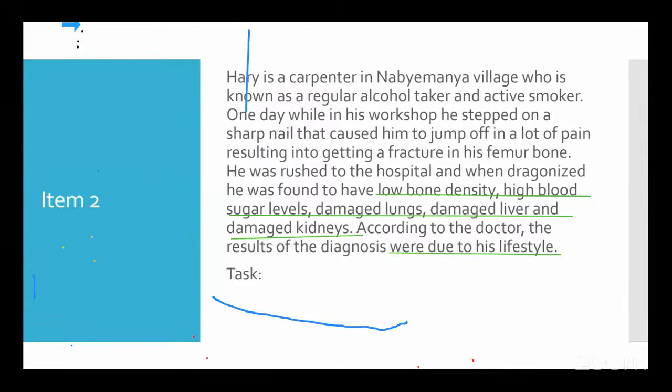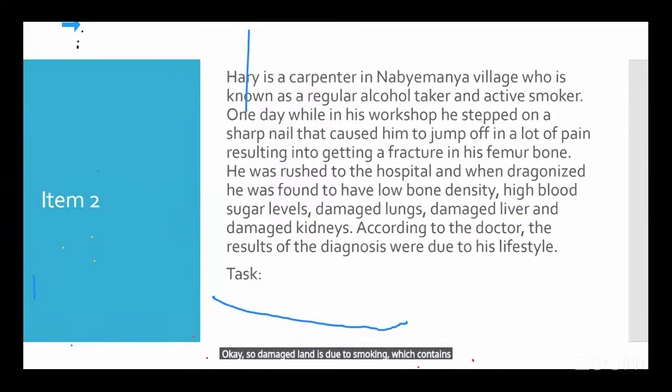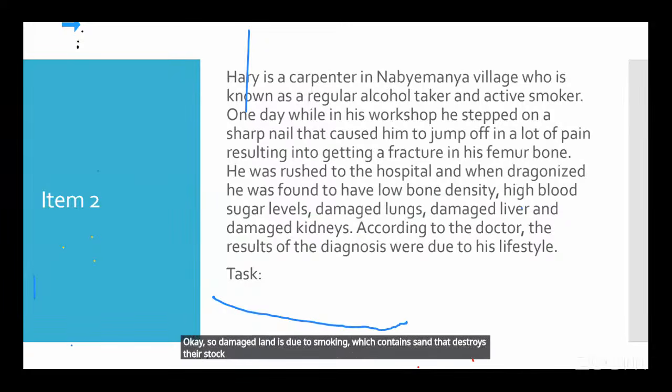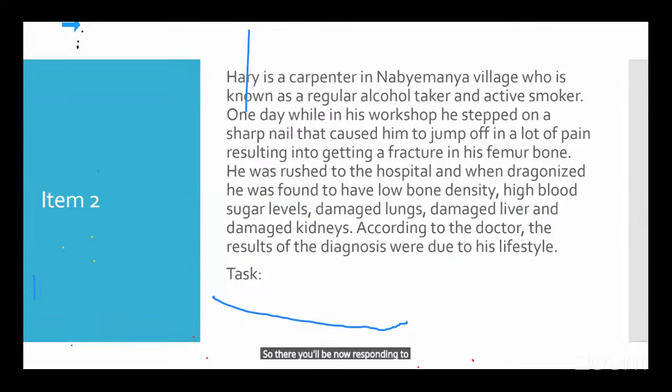Okay, so damaged lungs is due to smoking, which contains tar that destroys air sacs. So there you'll be now responding to items 6 and 7. These damaged air sacs reduce the, so that will be a good response for items 6 and 7.